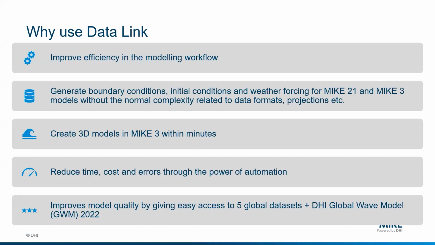And we can produce better model outputs through access to a number of globally recognized data sets, together with DHI's global wave model, which is our own proprietary data set. The number of data sets within DataLink is expected to grow.